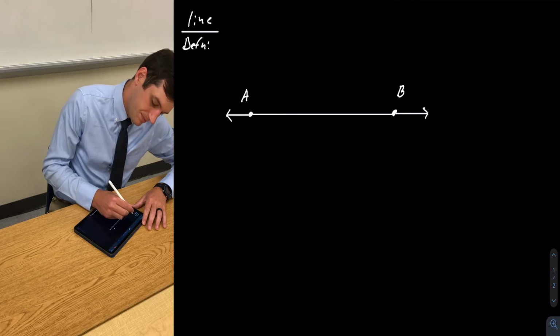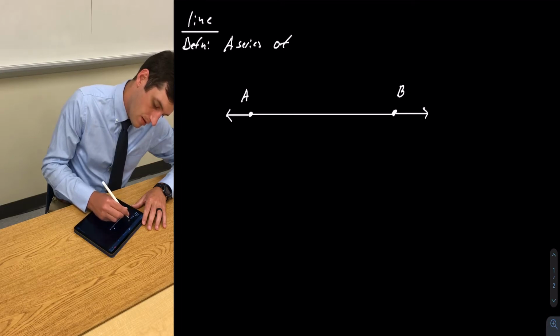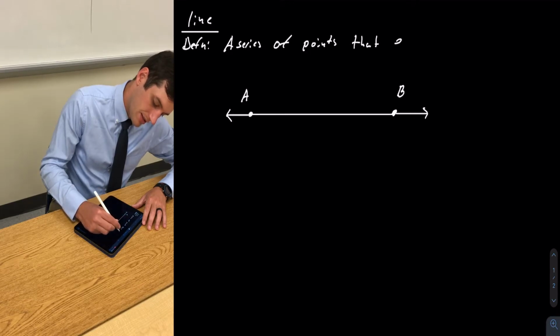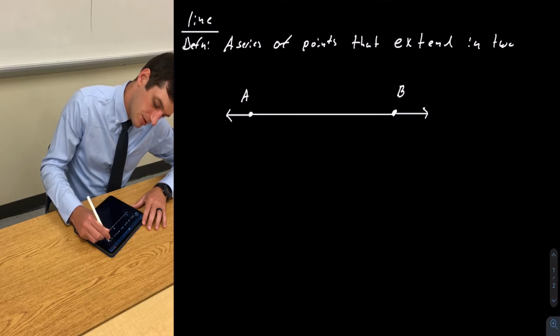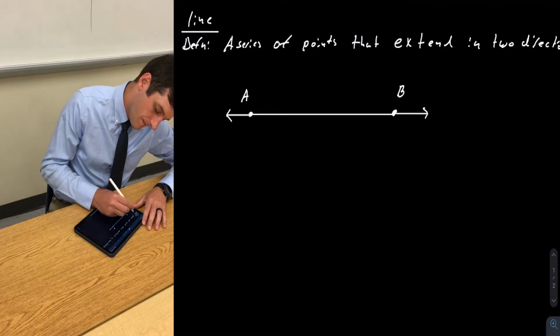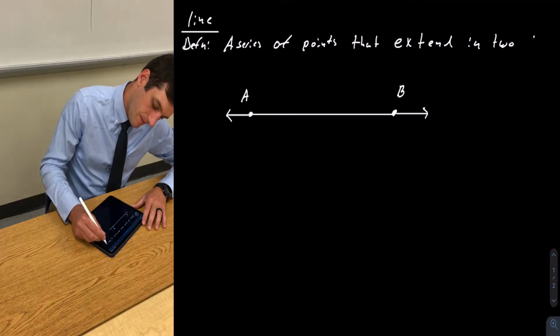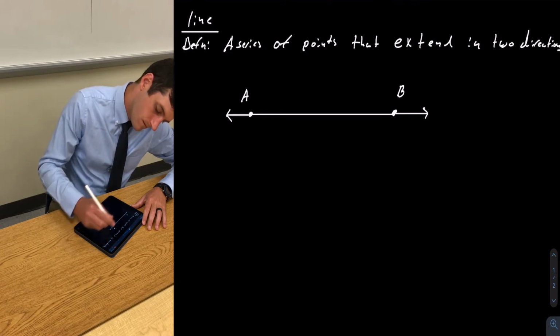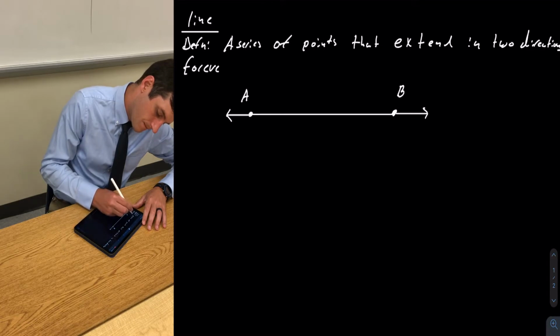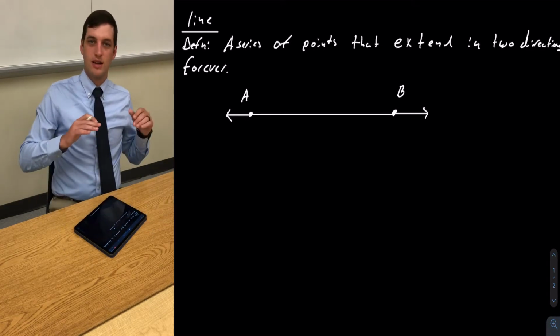A line is a series of points that extend in two directions forever.